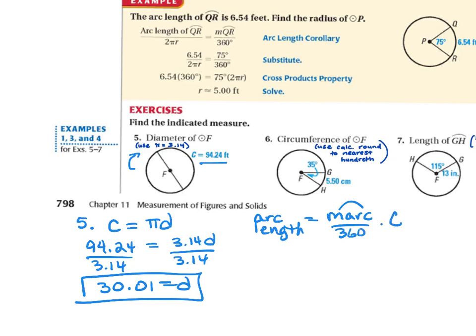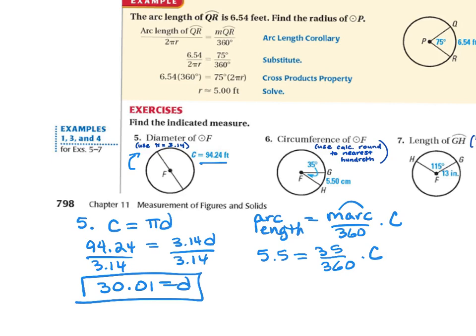So the length of the arc is 5.5. The measure of the arc is 35. And I'm going to leave the circumference as C because that's what they're asking me to find.